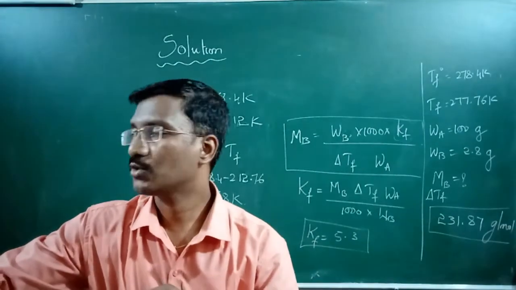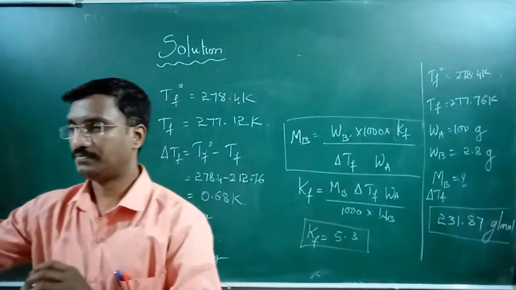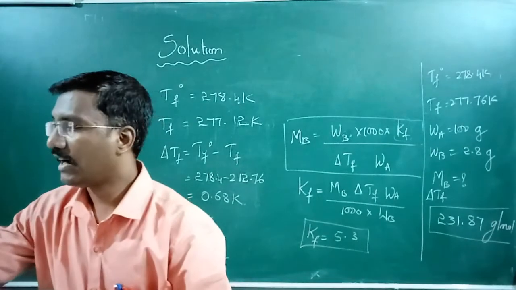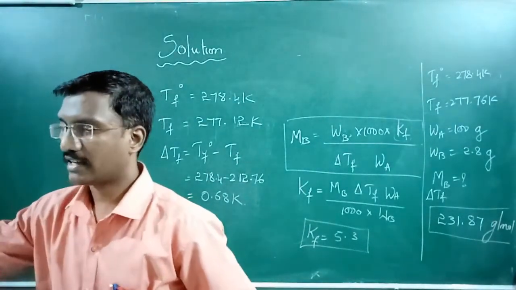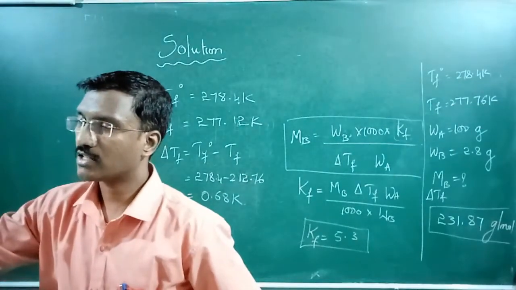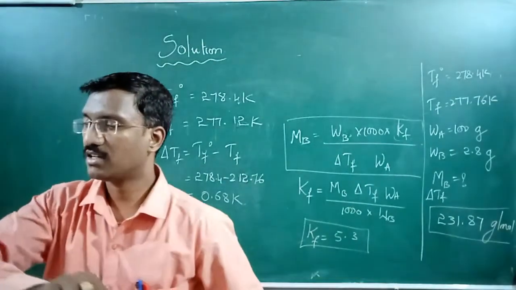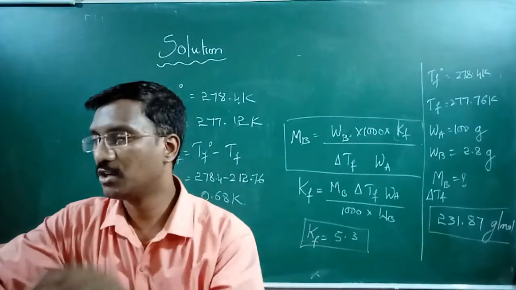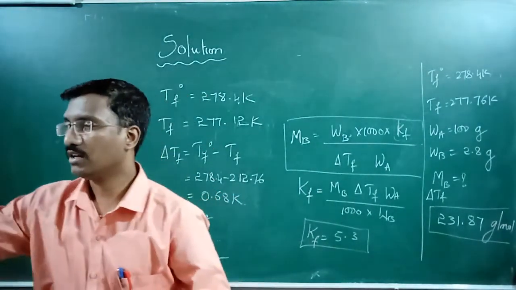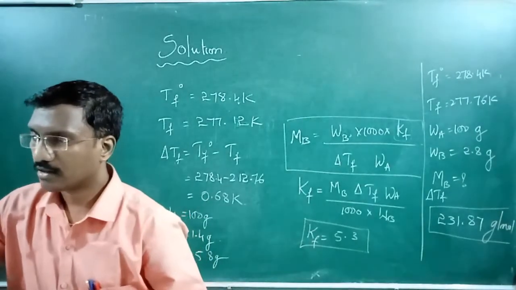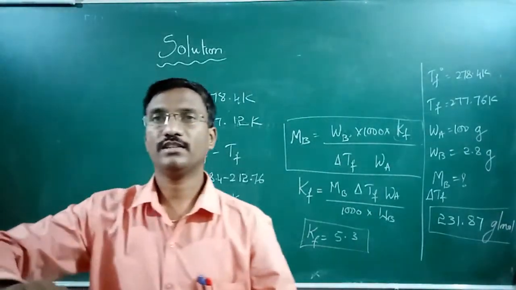Okay, so this is about the freezing point, the first one, and then the second and third. In the third one also I did some half, so it means that the difference and division you have to do. So do the calculations yourself and tell me the final answer of that third one.